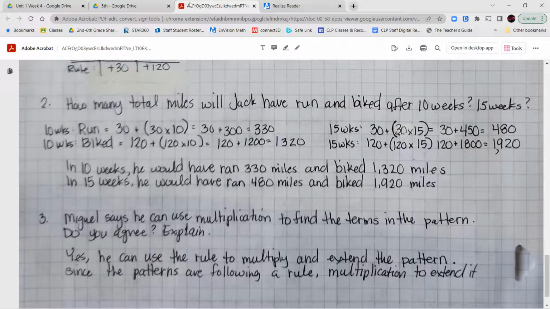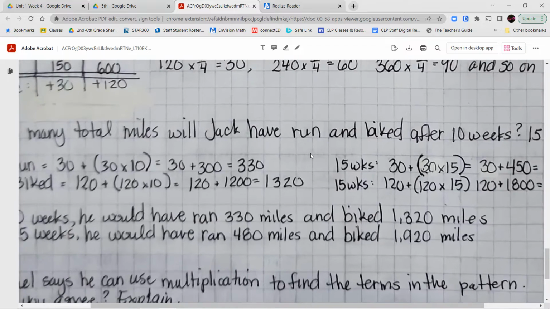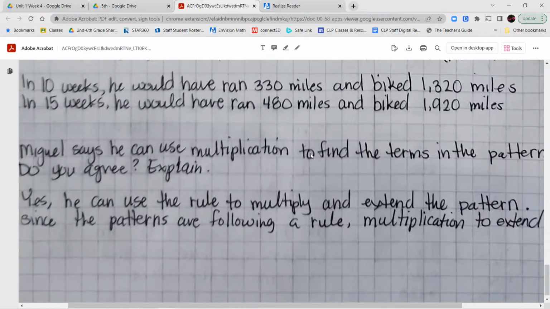And then the 120 times 10 would have given you the 1,200 miles biked. And after 15 weeks, the 30 times 15 would have given you 450 miles run. And the 120 times 15 for the bike ride would give you 1,800 miles biked.